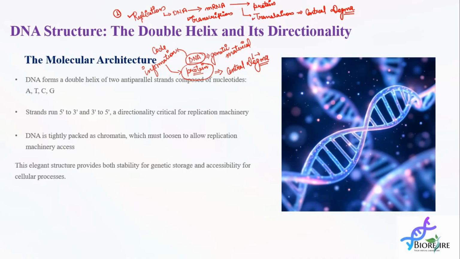During this central dogma, the first step is replication. In replication, DNA will self-amplify, meaning DNA will amplify into DNA. And our DNA is a double helical structure with antiparallel strands containing two strands.